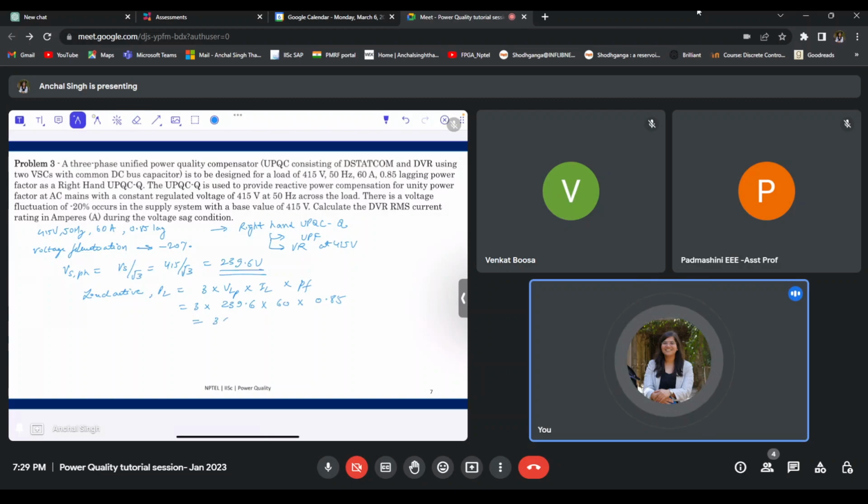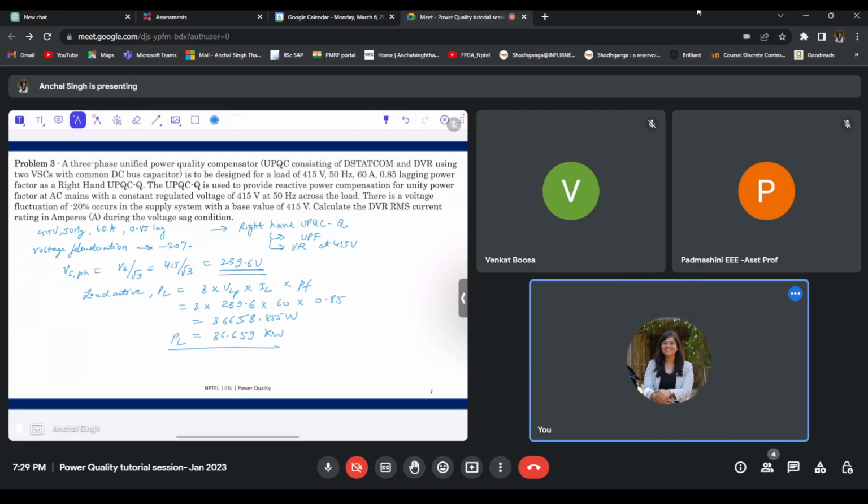This will come out to be 36,658.55 watts, which can be written as 36.659 kilowatt. This is the PL value.